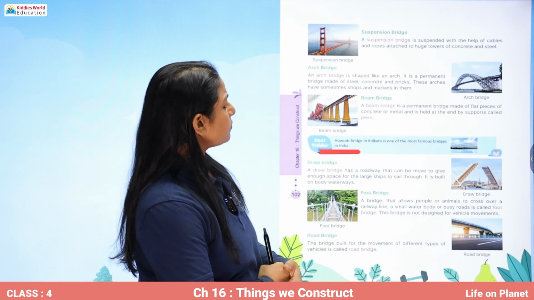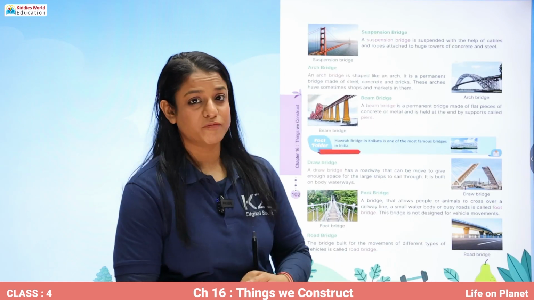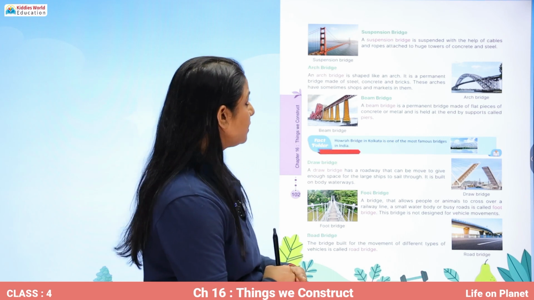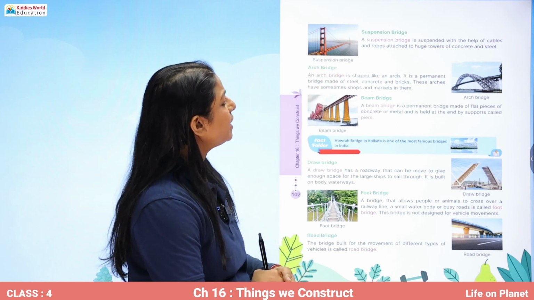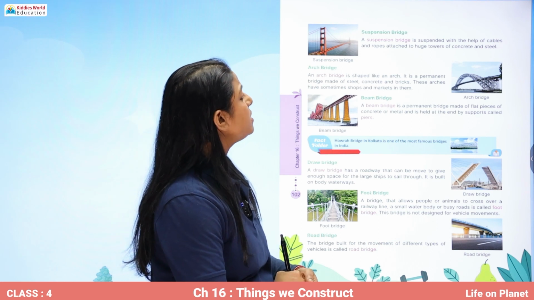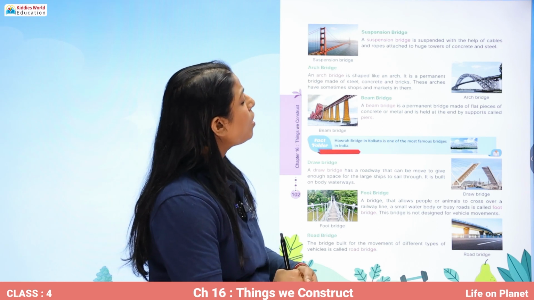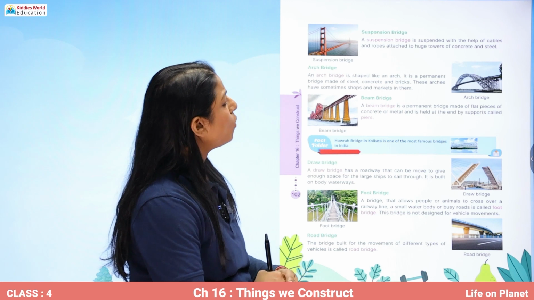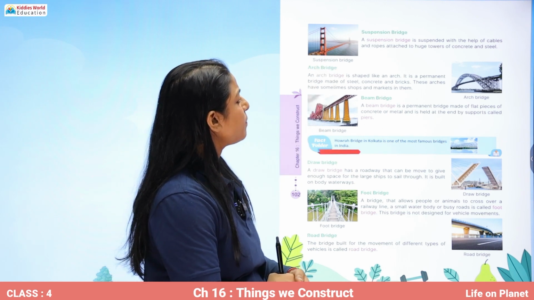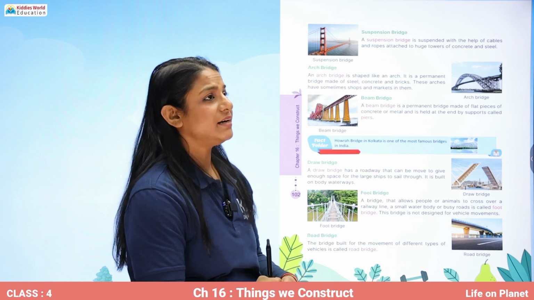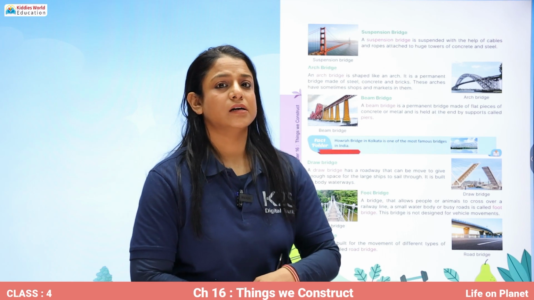Now, there are so many types of bridges that are being constructed. Suspension bridge. A suspension bridge is suspended with the help of cables and ropes attached to high towers of concrete and steel. Nowadays suspension bridges are becoming very popular.